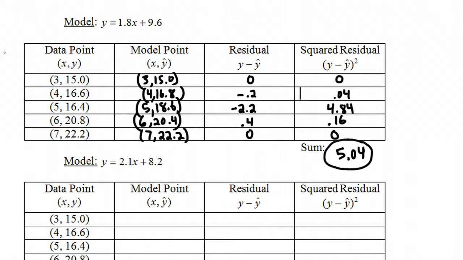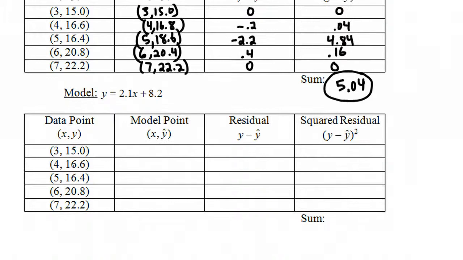Notice that in the previous model, the residual at the first point and the last point was 0. That's totally expected because we constructed our model based on those two points. The same thing will be true in this next model. If you plug in 4 for x here, that would be 8.4 plus 8.2, which is 16.6.